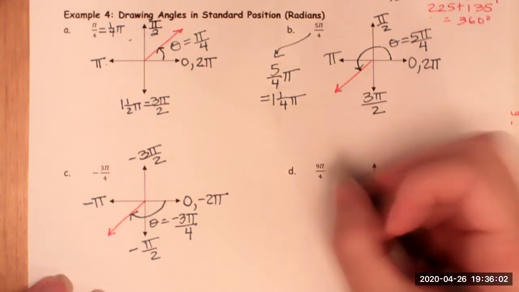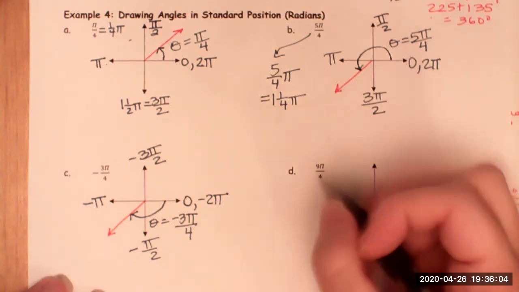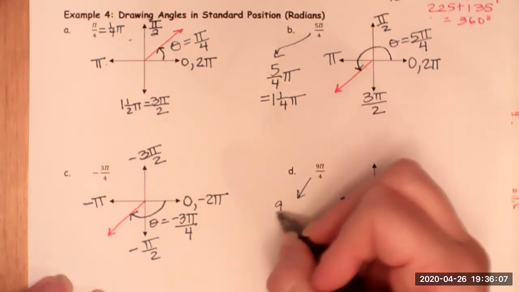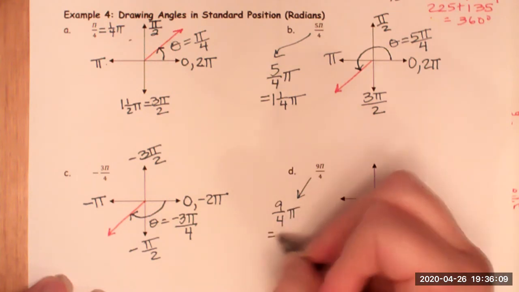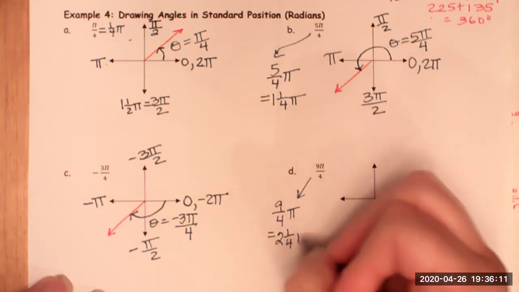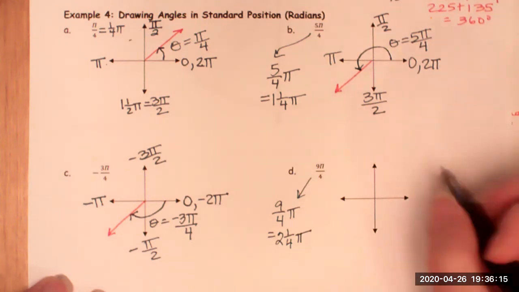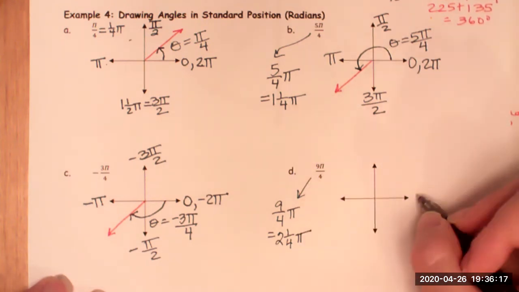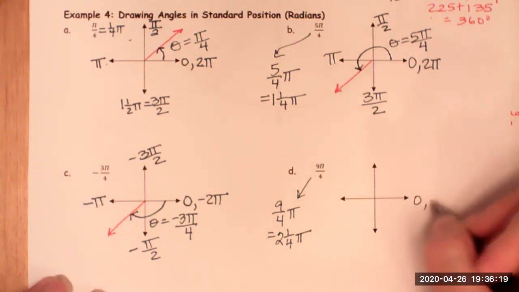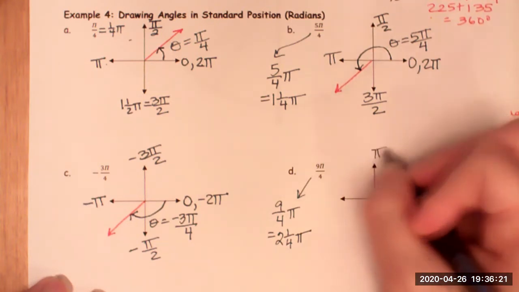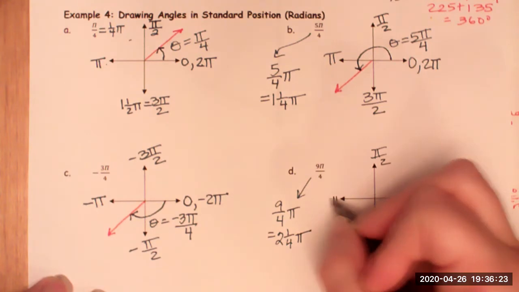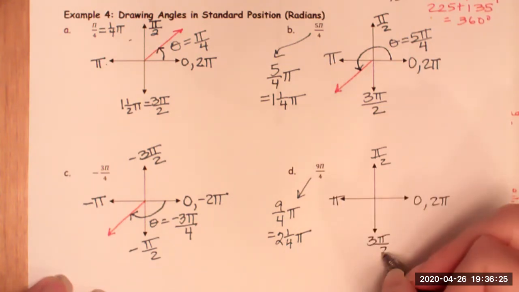9/4. Okay, so this is 9 pi over 4. 9 pi over 4 is 9/4 of pi, which is 2 1/4 pi, right? So basically we know, first of all, this is positive, so we're going to say 0, 2 pi, pi over 2, pi, 3 pi over 2, okay?